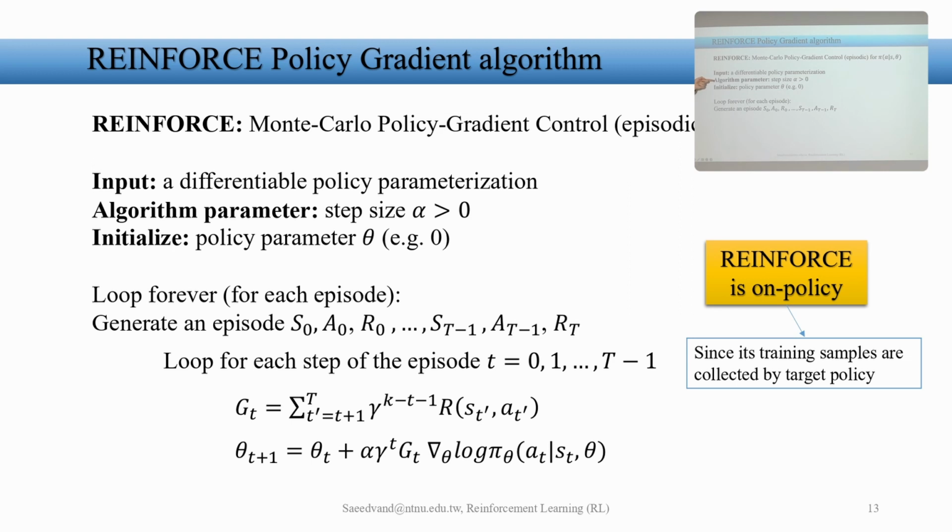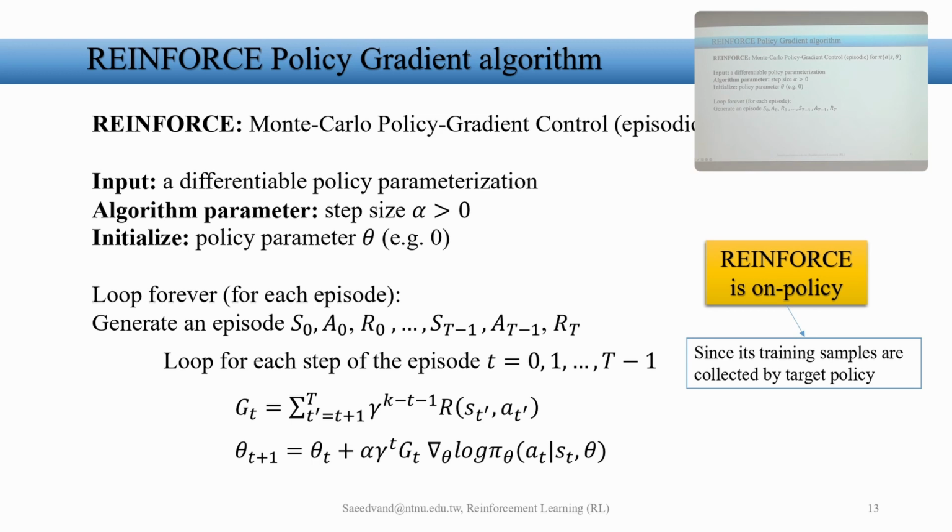Then we have algorithm parameters like the step size, the learning rate alpha, which of course should be greater than 0, otherwise our network won't learn. We have the initialization of the policy parameter theta, that is the initial weights of the network. We have different approaches, for example it can be 0 or some random weights, whatever it is. We initialize the parameters theta there.